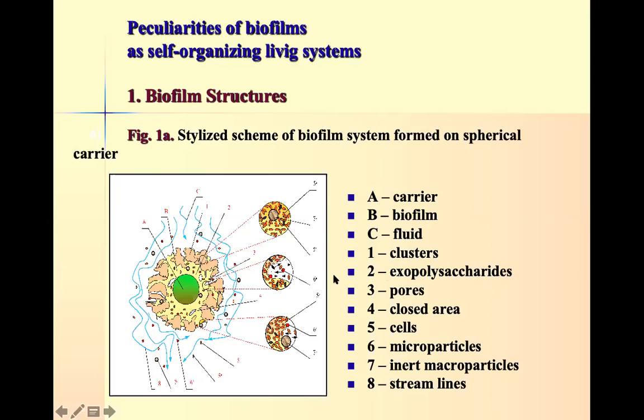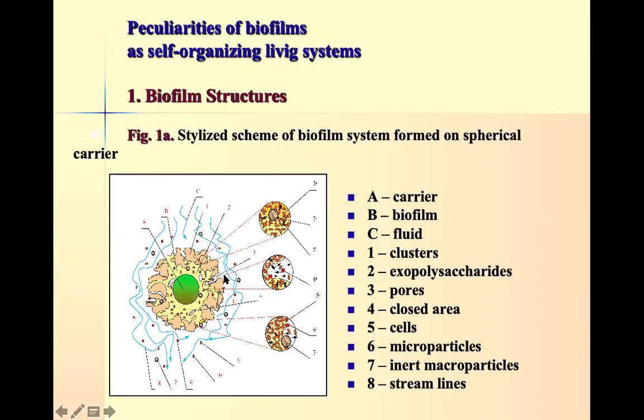Then there is exopolysaccharide. They use exopolysaccharide secreted from the cell to stick onto the carrier, that is the substrate, and then they form the structure. And here you can see it is a bit perforated, not a solid structure, so that oxygen can pass through, because they need oxygen for burning organic matter.